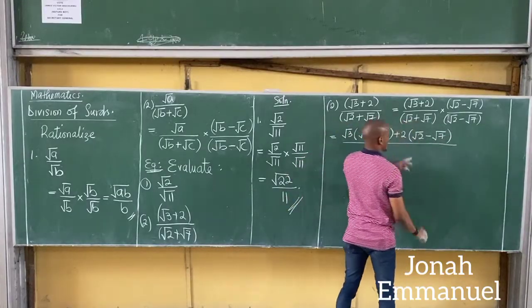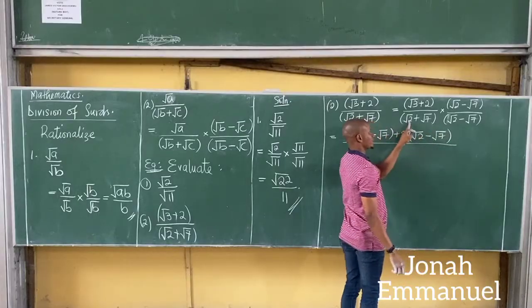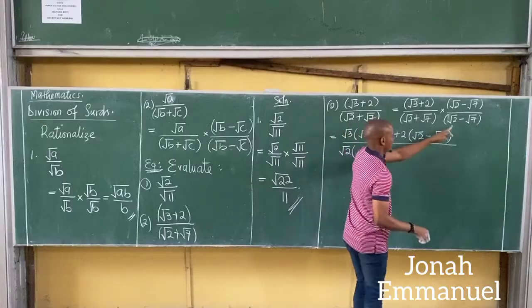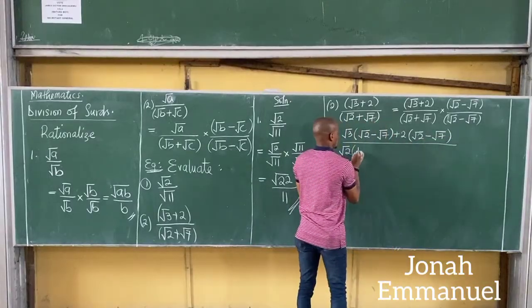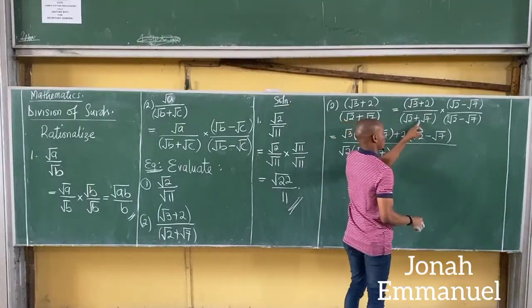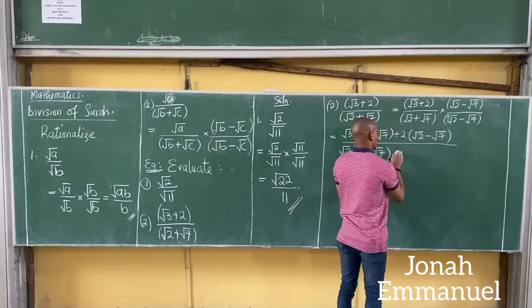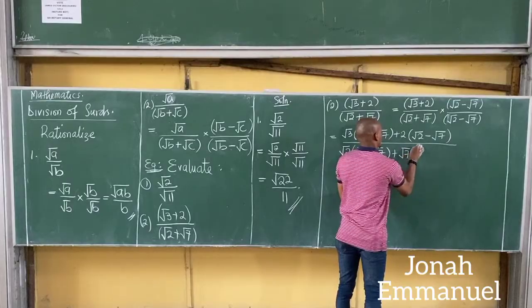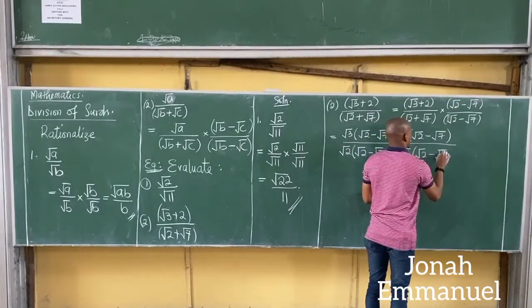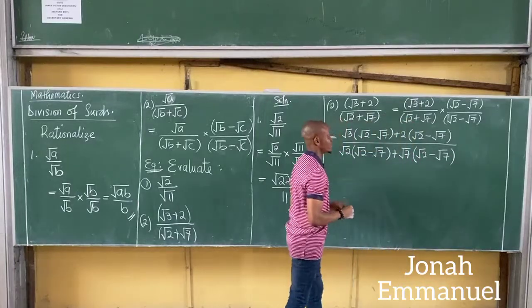All over, same case over here. Use the first term, root 2, multiply everything here, root 2 minus root 7. Second term here, plus root 7, times root 2 minus root 7. So I have this.